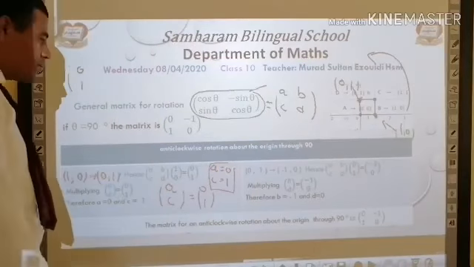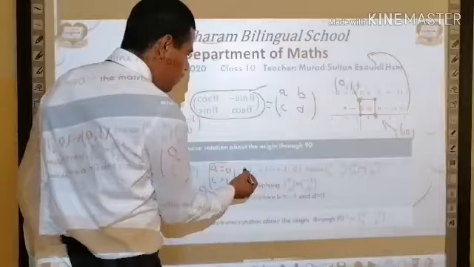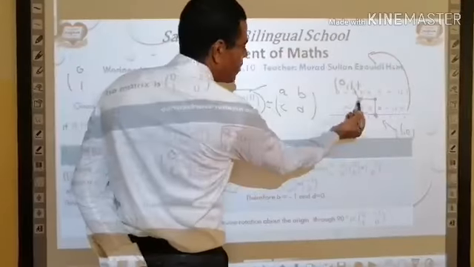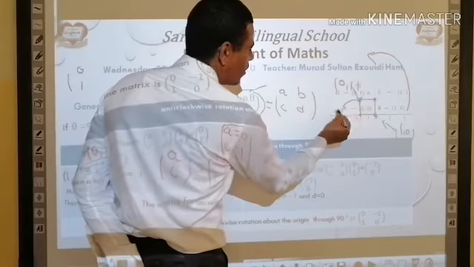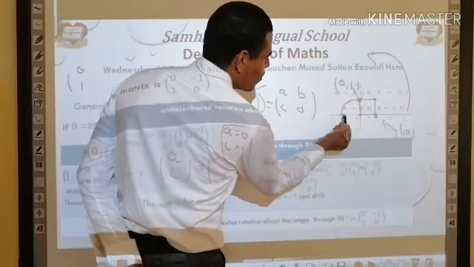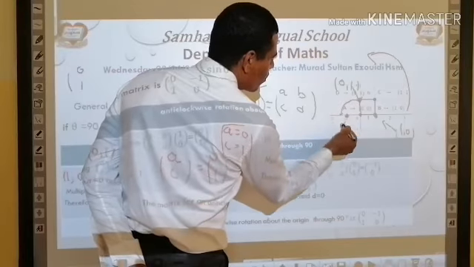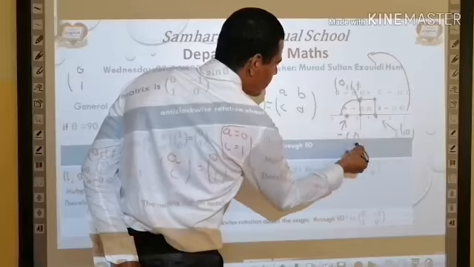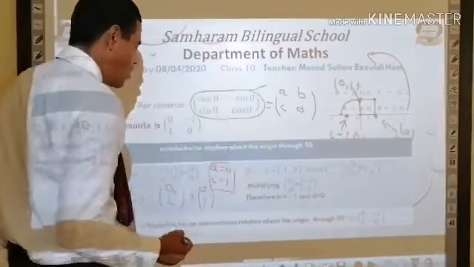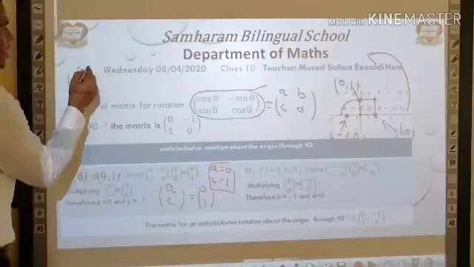For the next one, for the point 0, 1, my kids, I will rotate it 90 degrees anti-clockwise. So the point will be what? The coordinates of this point will be minus 1, 0, isn't it? Minus 1, 0. So this is, my kids, the second column vector.